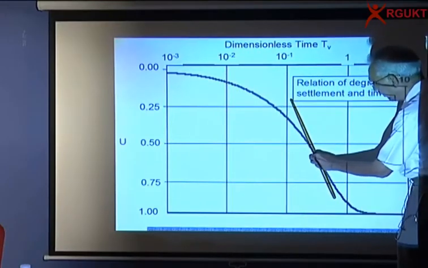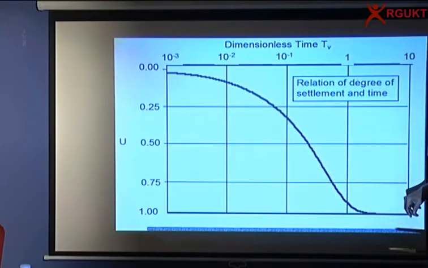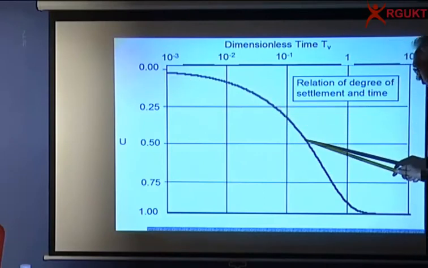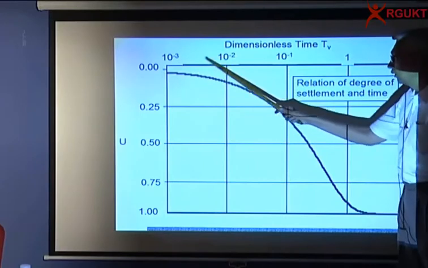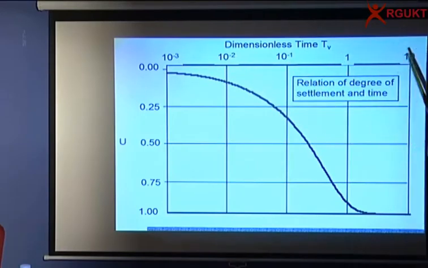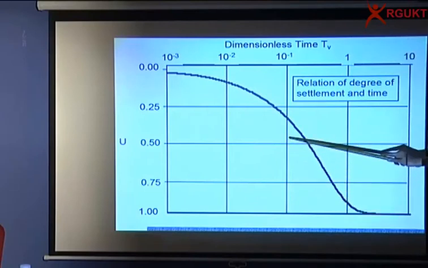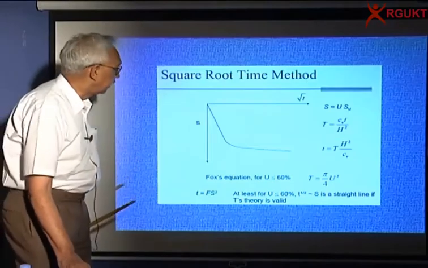If I draw a tangent, this part of the curve is to the left and this part is to the right, and you can see the consolidation is increasing with time, and this is on a log scale, 0.001, 0.01, 0.1, 1, and so it comes up to here. So if I look at T90, it will be corresponding to that. It will be around 0.848. 50% is around 0.197. So this is how the degree of consolidation varies with time T.